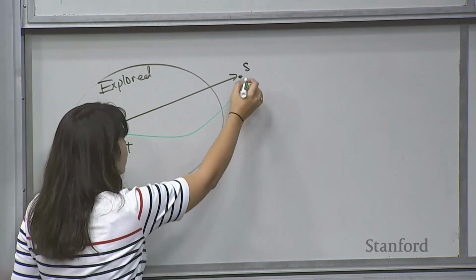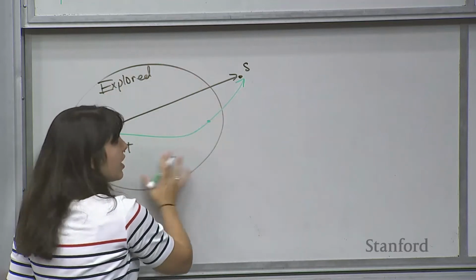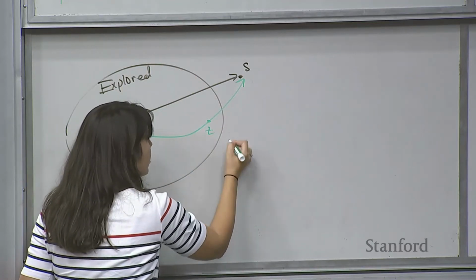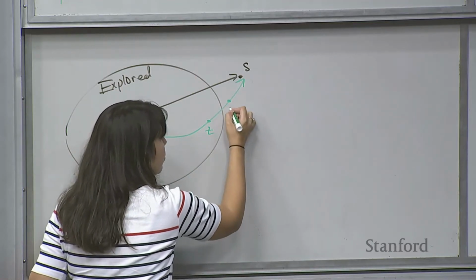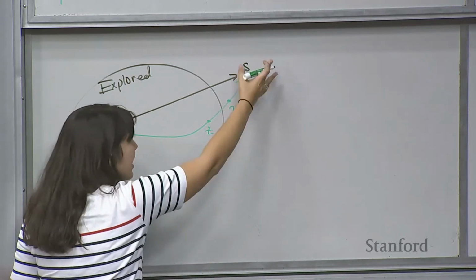It should leave the explored set of states from some state called T, to go to some other state U, and then from U go to S. U and S can be the same thing.